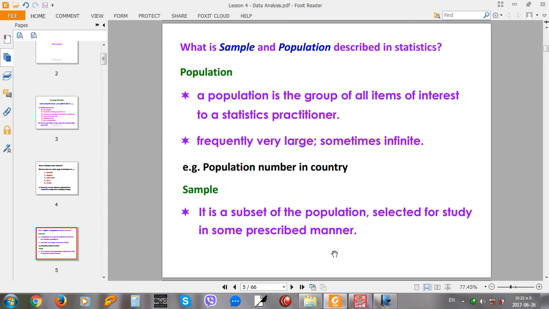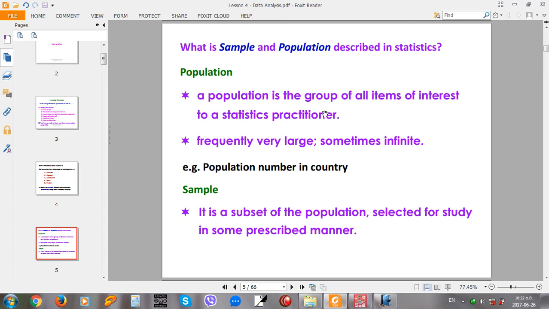So it is not necessary to take the entire population, because if you use the correct sampling techniques to select the sample, that will give the same answer as the entire population.